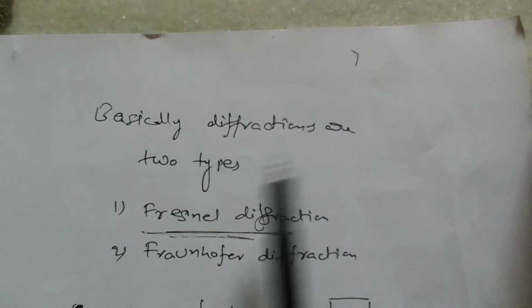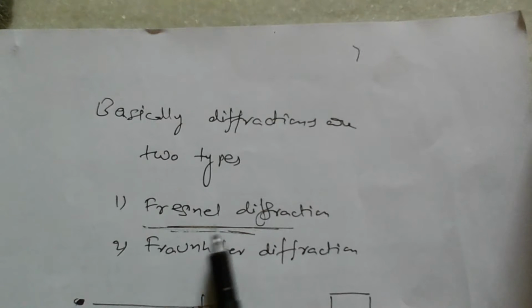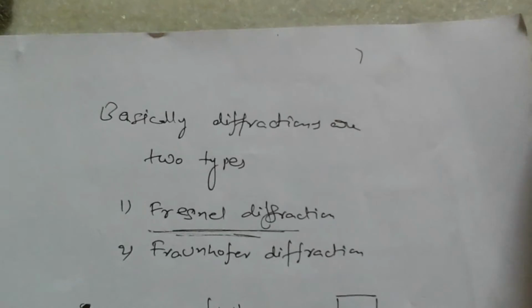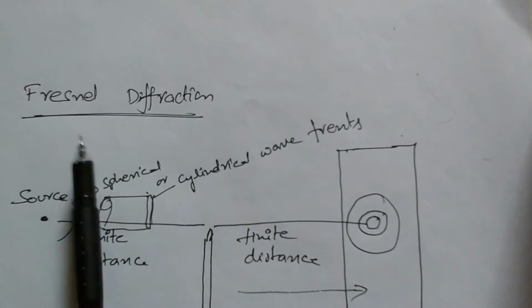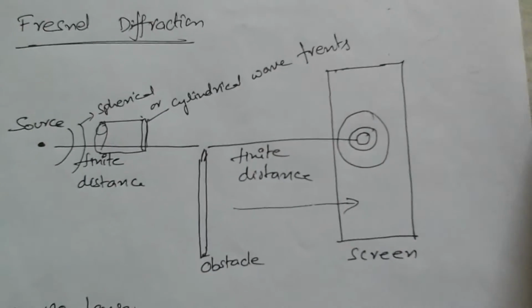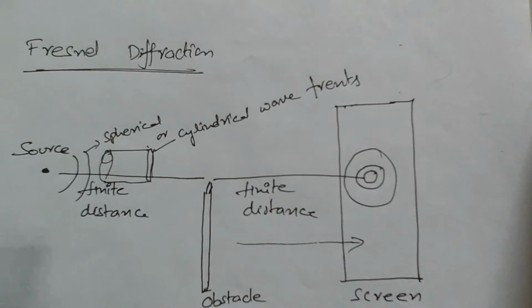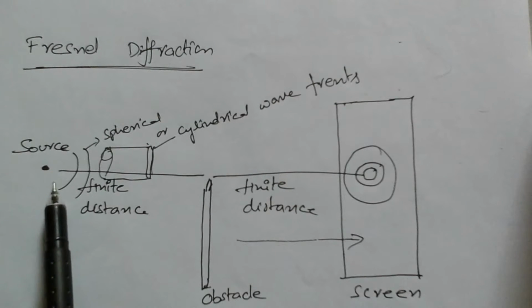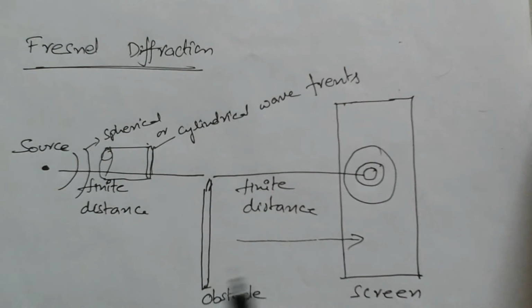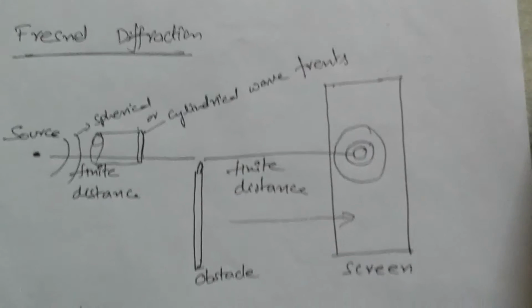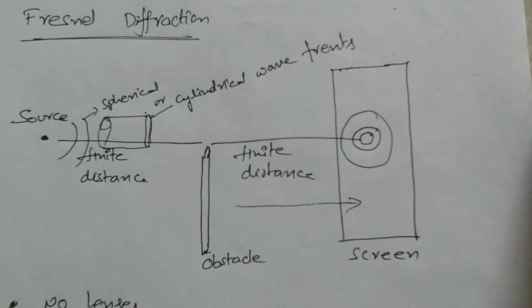Basically, diffractions are of two types: Fresnel diffraction and Fraunhofer diffraction. Fresnel diffraction, now we are discussing. In Fresnel diffraction, we take a source, an obstacle and a screen. These are the main equipment you have to take.